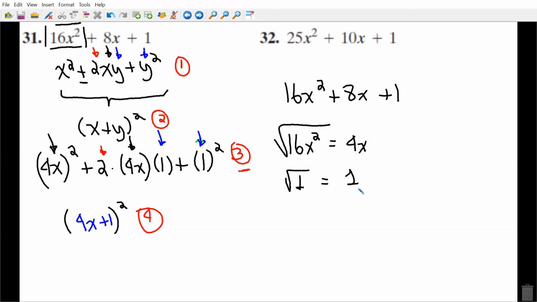Now the formula says, take the first one and square it. And then add 2 times the first one. Yes, I think that I understand now. Times the last one. And then take the last one, add it, and square it.